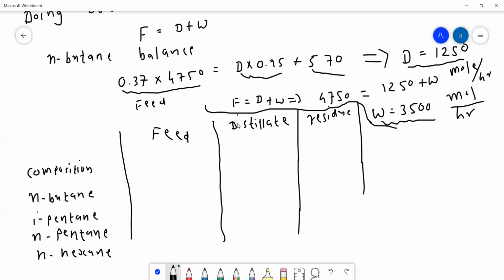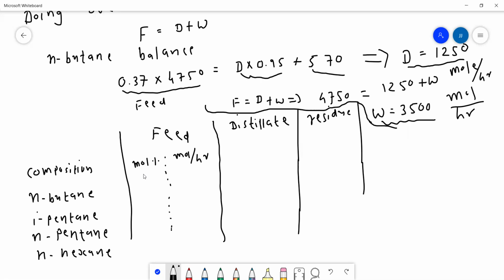So the feed composition is in mole percentage, and then the molar flow rate in mole per hour.